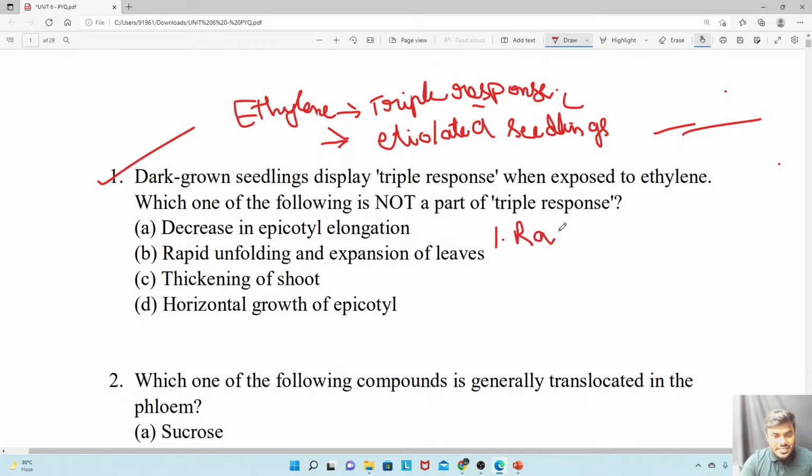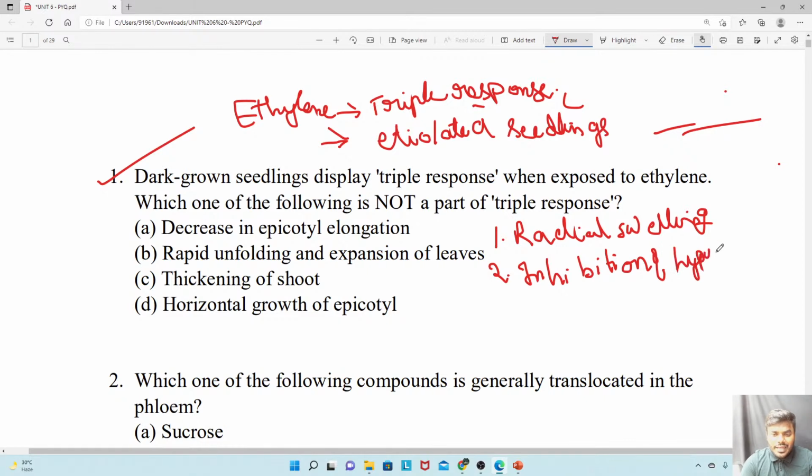One we call radial swelling. Another one is inhibition of hypocotyl elongation. Then the third is horizontal growth of the epicotyl.